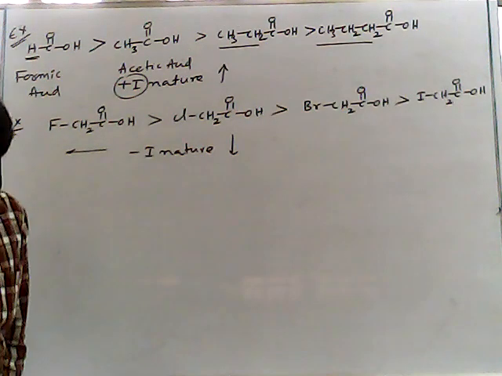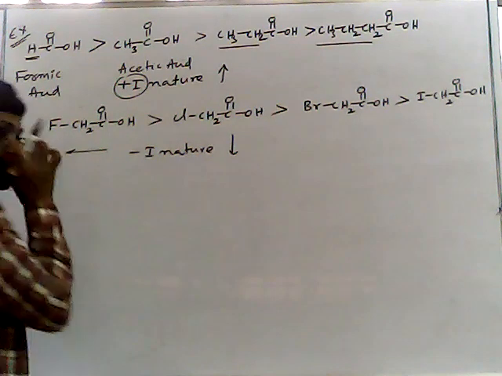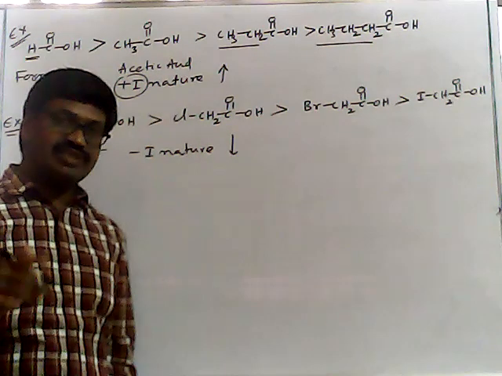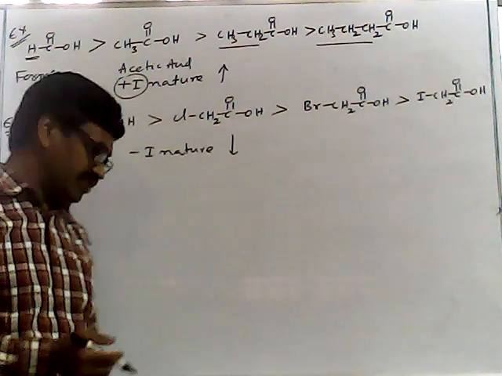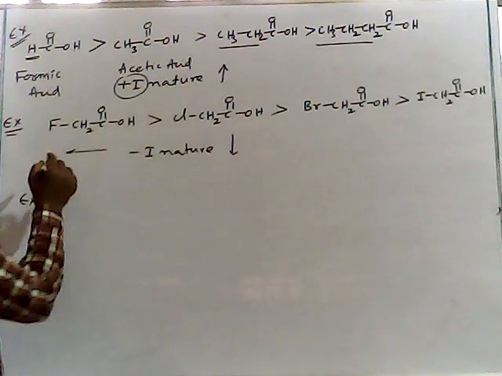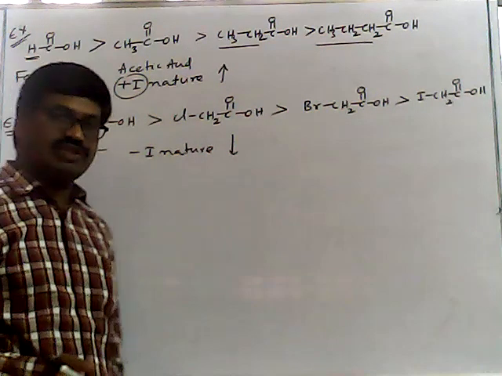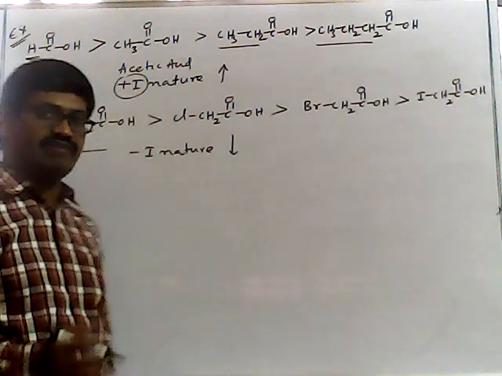Okay, next one more example I give. Then about basic nature of amines, in the next session we will discuss. Almost the time is 1 hour. So one more example I'll give for acidic nature, then after I'll stop the class. In the next session, I will cover basic nature of amines and the electromeric effect.